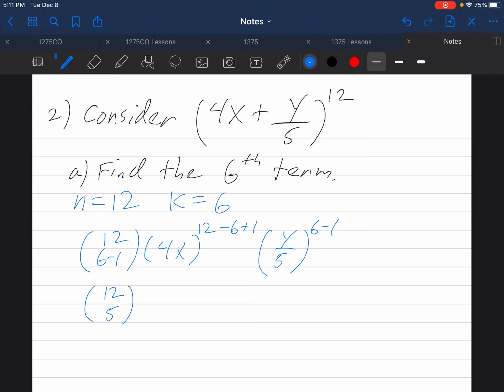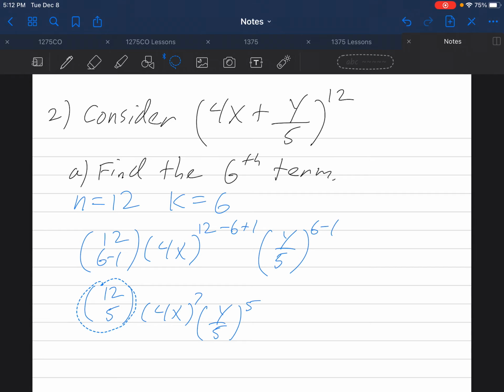This is going to become 12 choose 5 times 4x raised to the power of 12 minus 6 plus 1 is equal to 7. And then y over 5 raised to the power of 5. All right, let me just put everything on the same level here.